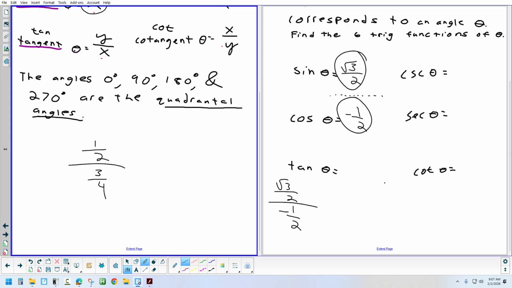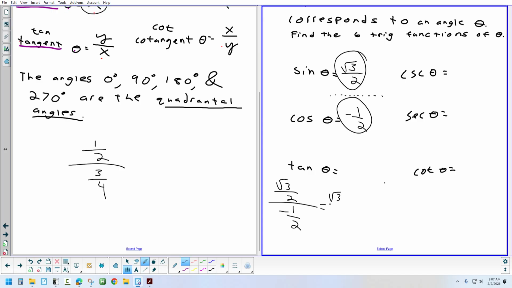Change, flip. Okay, what does that mean? You keep the first fraction the way it is, and then you multiply it by the reciprocal of the other fraction. And what's the reciprocal of the other fraction? -2 over 1. Yep. So we take the top one and we multiply by the bottom one flipped.